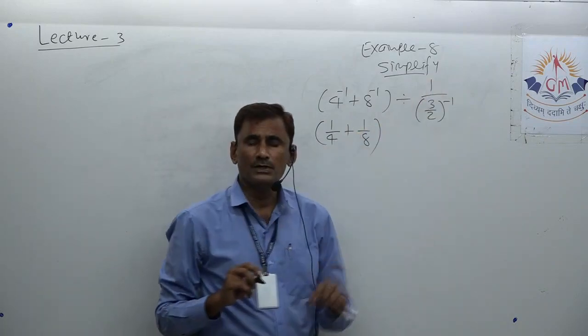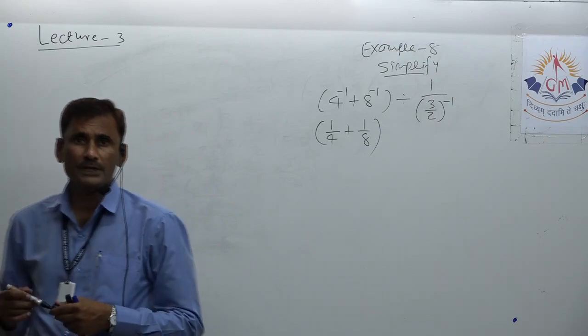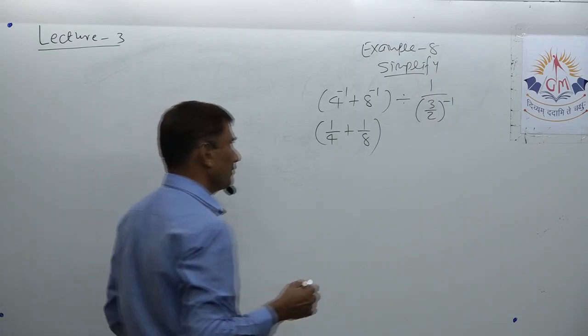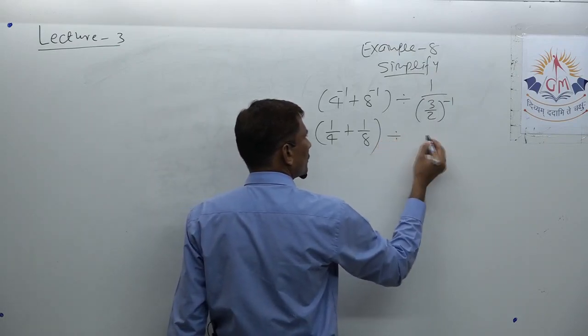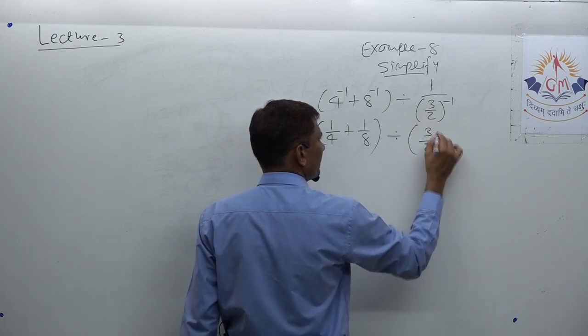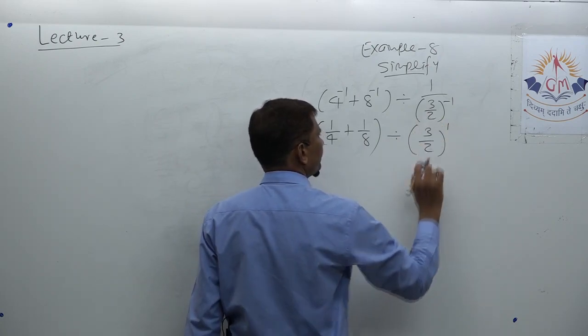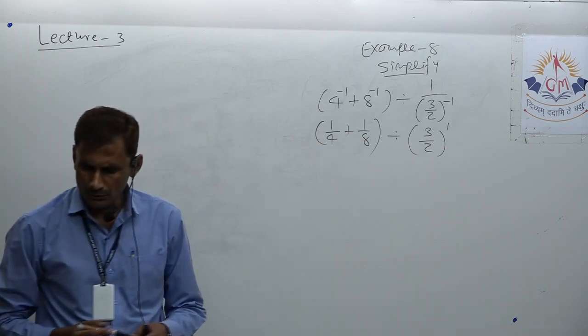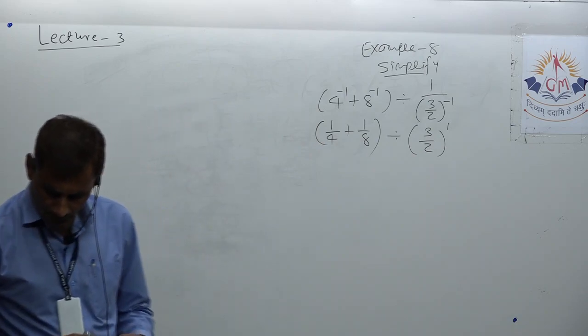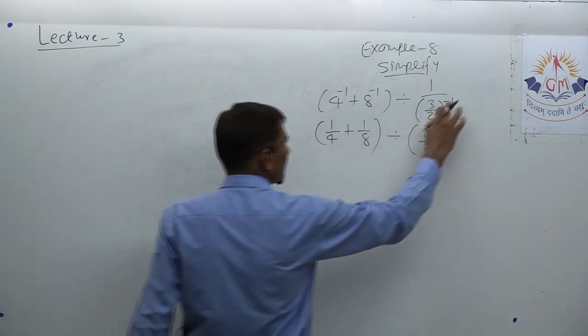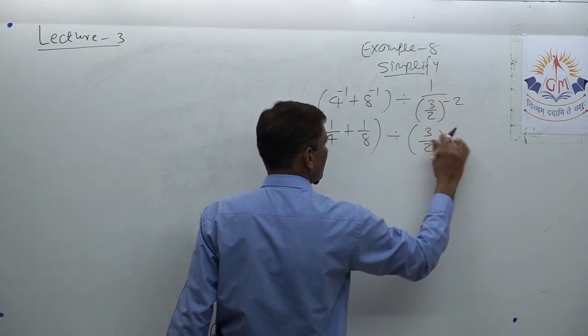Then if you shift it from denominator to numerator or numerator to denominator, the exponent becomes positive. So here it is 3 by 2 raised to 1. But again, if you write it or not, it is not important. Sorry, it is a square. Minus 2 here. So here it will be 2.